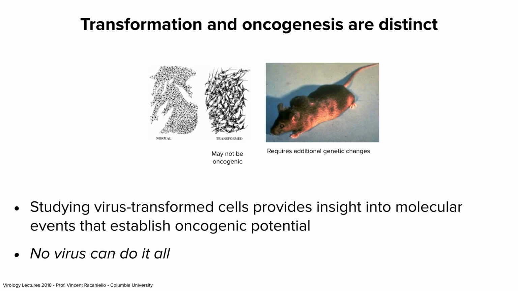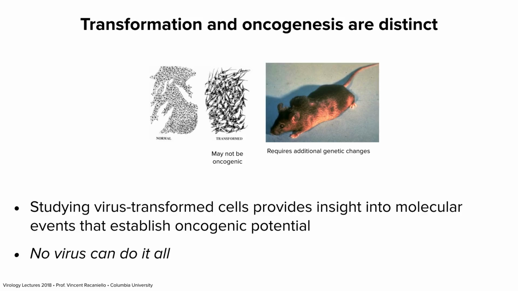Now, what we understand about the relationship between transformation and oncogenesis, I would argue, is all from studying viruses. They sorted out the whole problem in the end. And what they showed us was that viruses can transform cells, and it gives them oncogenic potential. Transformed cells divide forever, they accumulate mutations, and they become cancers.